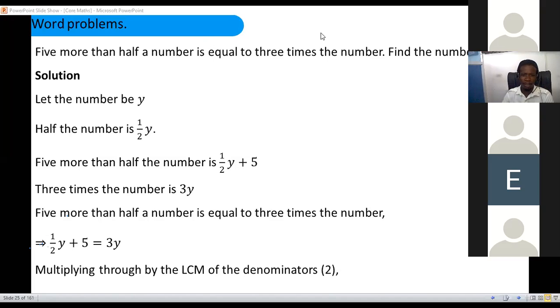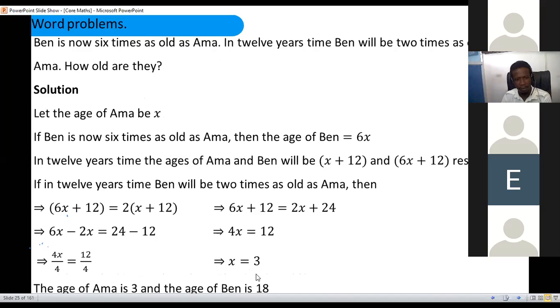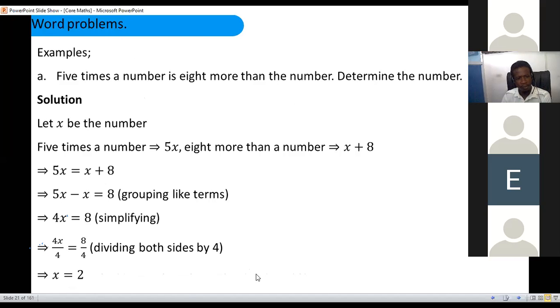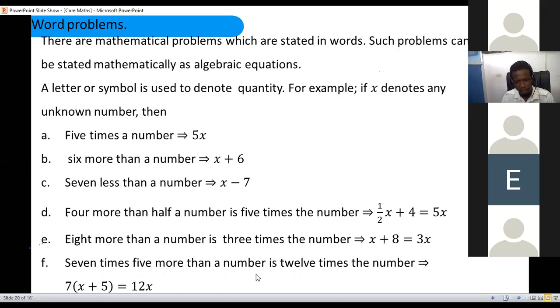Now let's go back to our previous example we are dealing with. Okay, this is where we are. So we are saying 4 more than half a number is 5 times the number. So we first considered 4 more than half a number. That is 1 over 2x plus 4. Is 5 times the number.